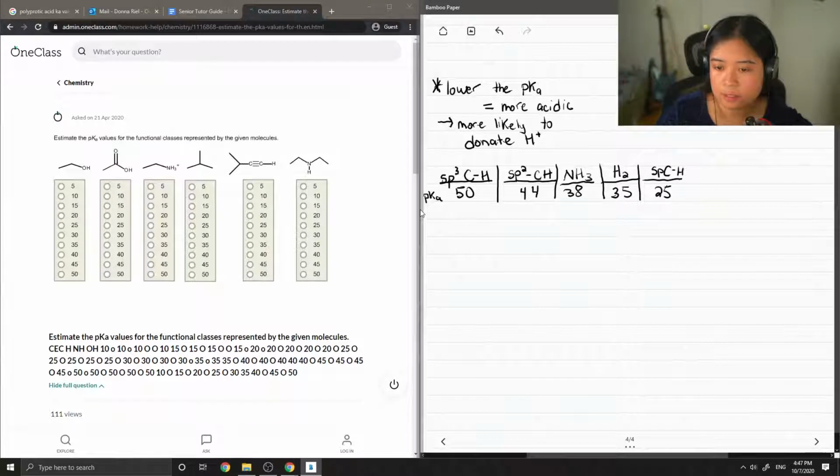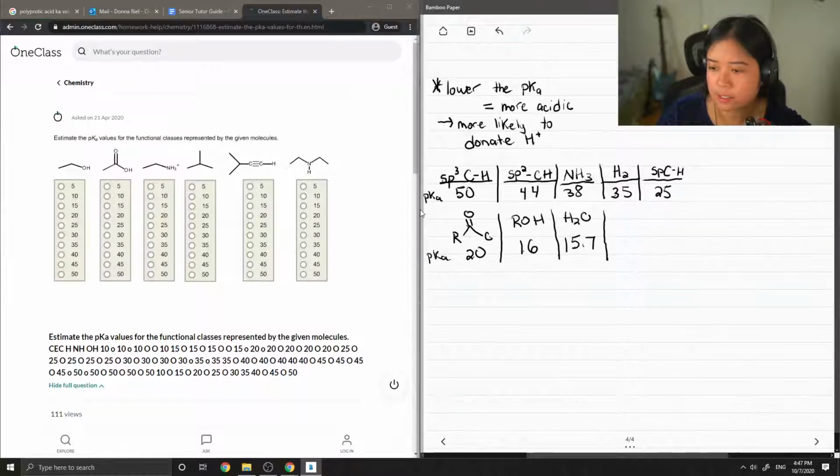Okay, I'm just gonna do the same table down here. For ketones, pKa is around 20. Alcohol groups are around 16. For water, it's around 15.7.